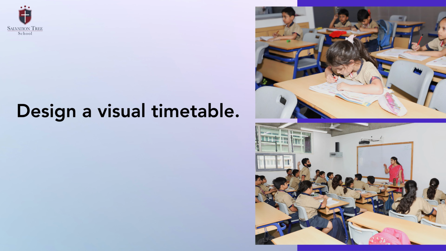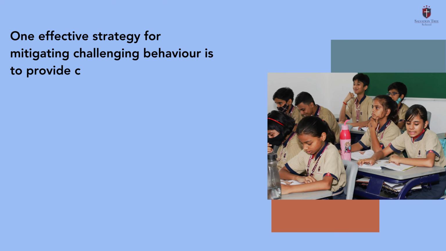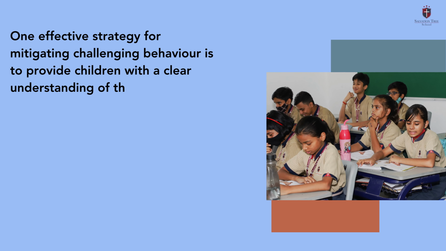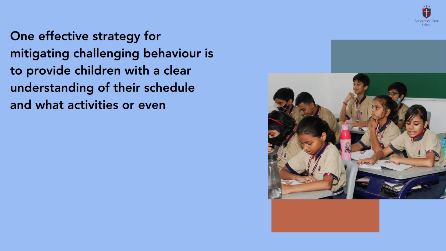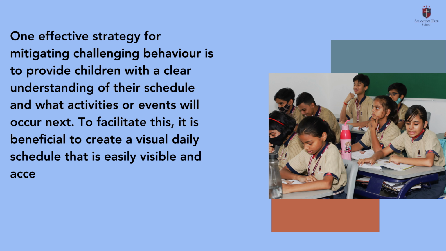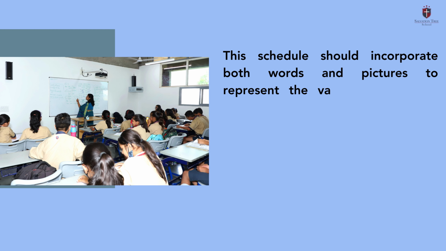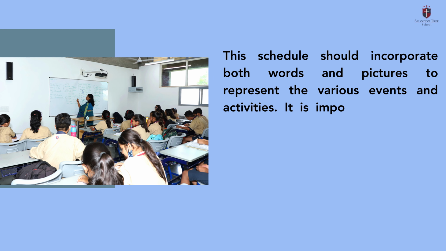Design a visual timetable. One effective strategy for mitigating challenging behavior is to provide children with a clear understanding of their schedule and what activities or events will occur next. To facilitate this, it is beneficial to create a visual daily schedule that is easily visible and accessible to children at their eye level. This schedule should incorporate both words and pictures to represent the various events and activities.